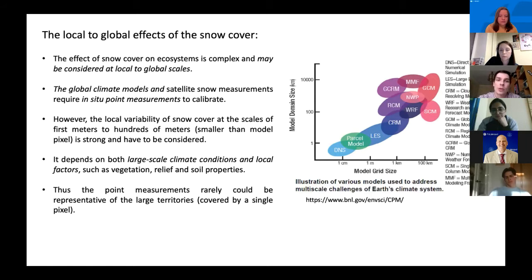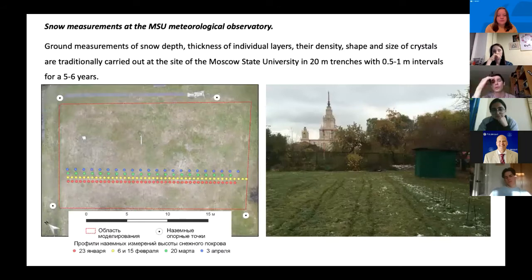It depends on both large-scale climate conditions and local factors, such as vegetation, relief and soil properties. And thus, point measurements rarely can be representative of large territories or territories covered by a single pixel in such models.